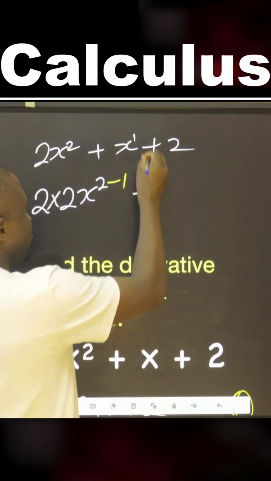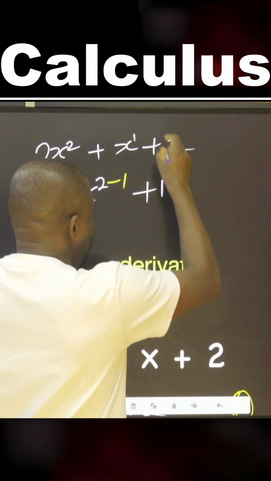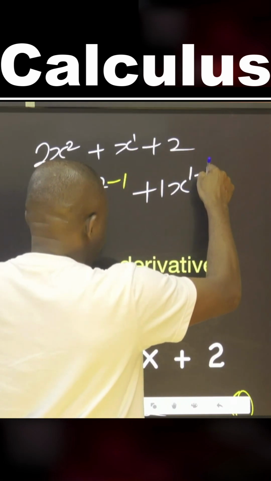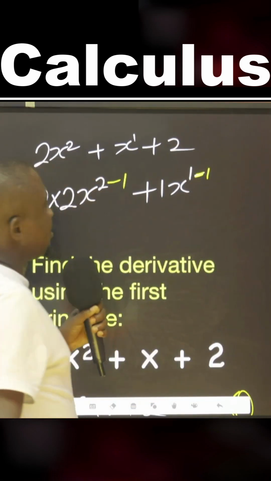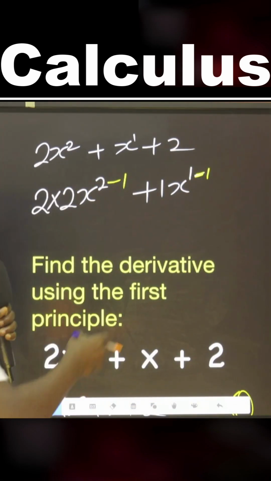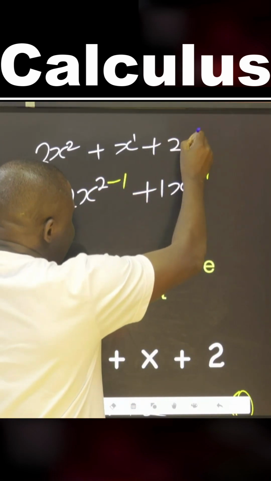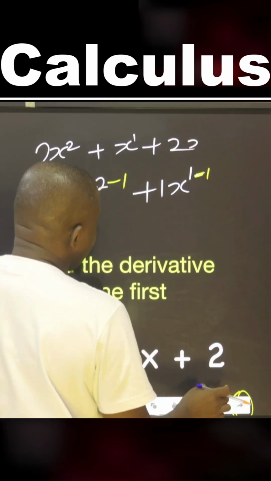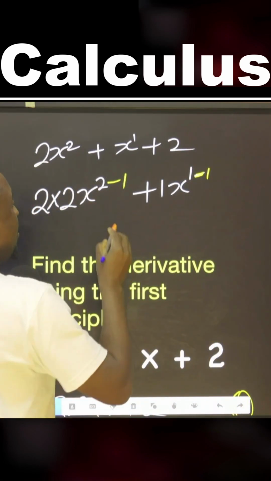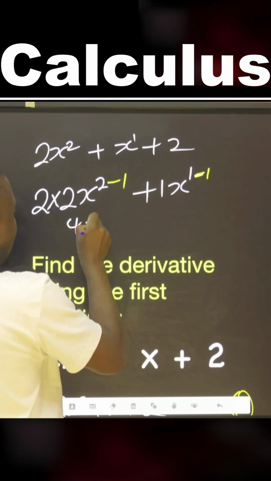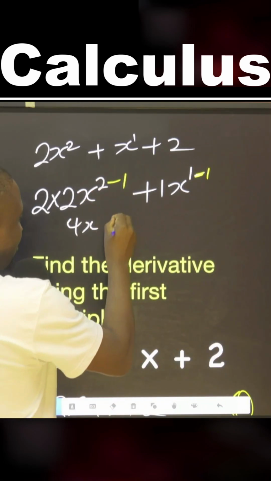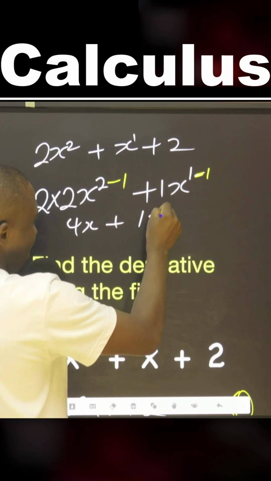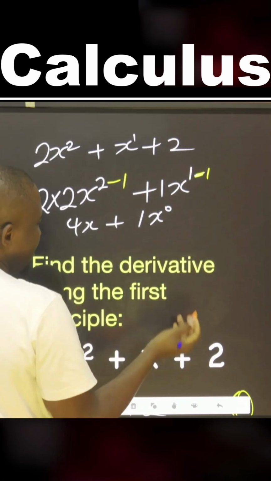We bring the 1 here, we reduce this one by 1. That is 1 minus 1. This one is already gone because it has no x. The x that is there is raised to power 0, so it's gone. No need to consider that, okay? Therefore, here now is 4. This is 1. That is, see the same thing. Plus, this is 1. s raised to power 0. What is this? That is 1.